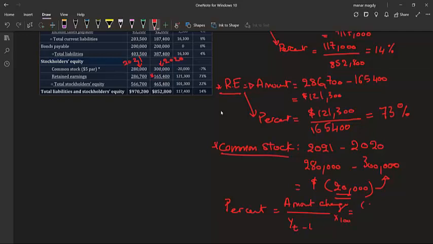So the amount of change equals $20,000, and the amount in year 2020 equals 300, multiplied by 100, so the total percentage of decrease equals 7%.